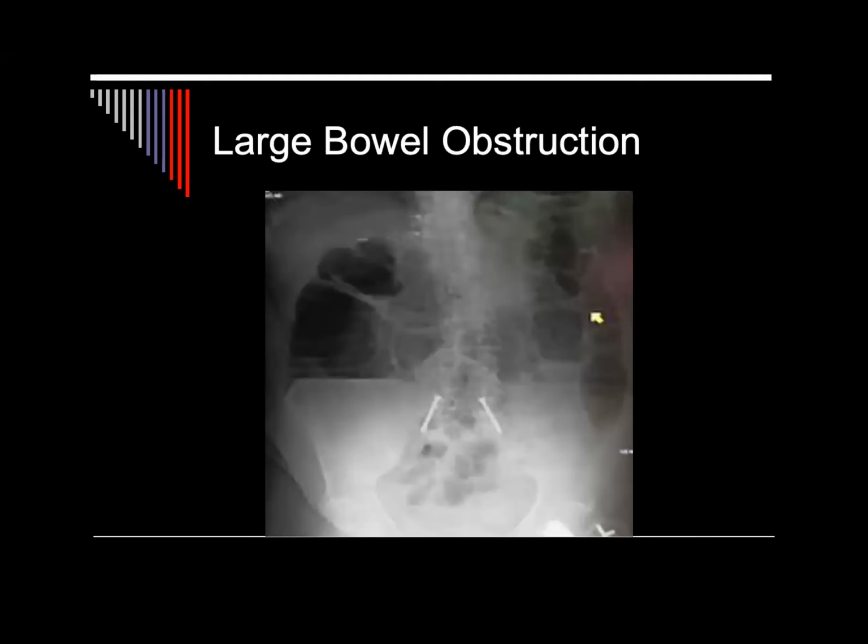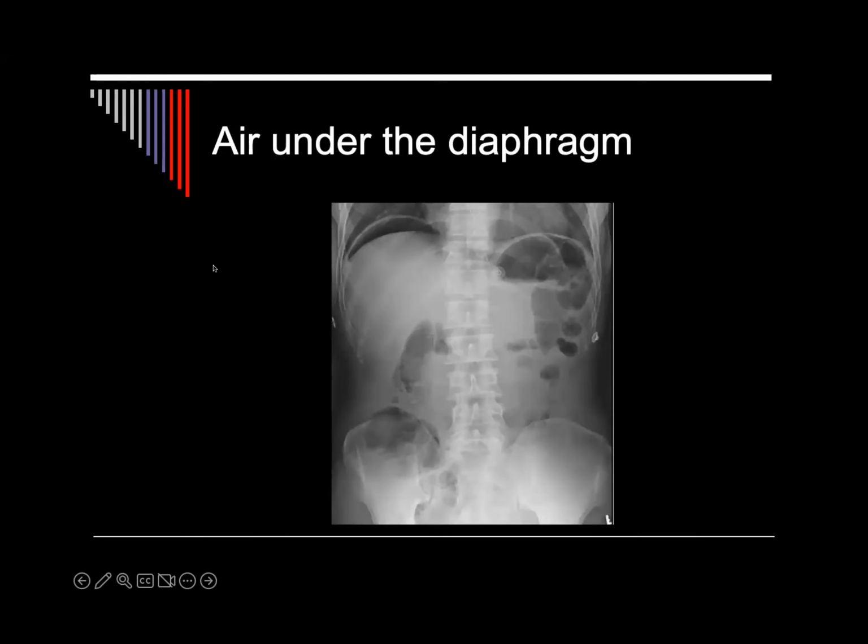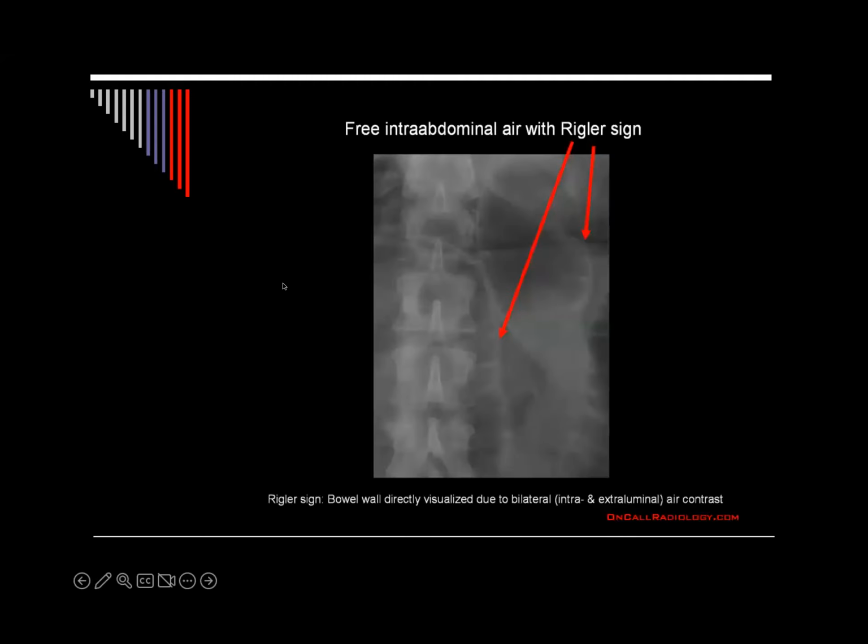What else? So these are the Haustra that you can see, so it indicates the large bowel obstruction. And this is air under the diaphragm, and air under the diaphragm indicates perforation. And if there is perforation, there is an immediate surgical indication.